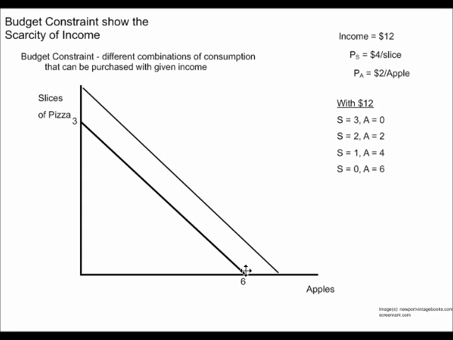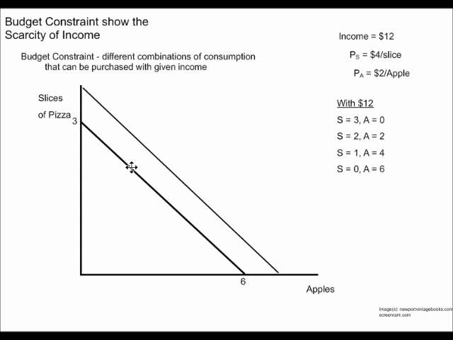My horizontal intercept over here represents 6 apples and no slices of pizza, which again would spend $12. And actually, if I took any different point along this line, it's going to show me a different combination of pizza and apples that still spends the $12.